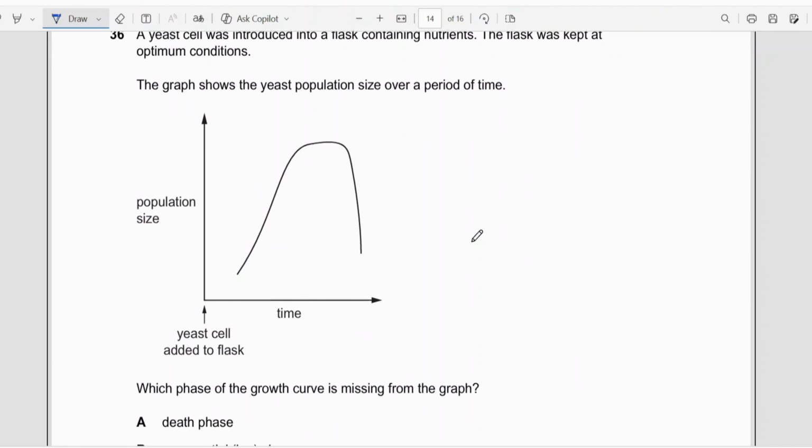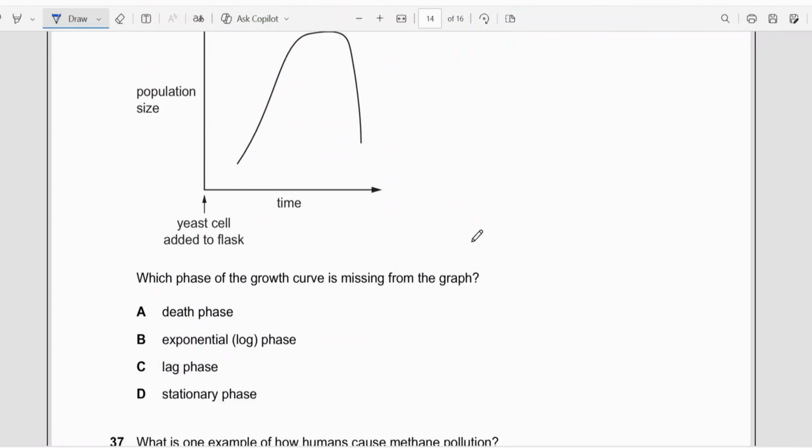The very first one is lag phase. Log is there, stationary is there, death phase is here. So lag is missing.